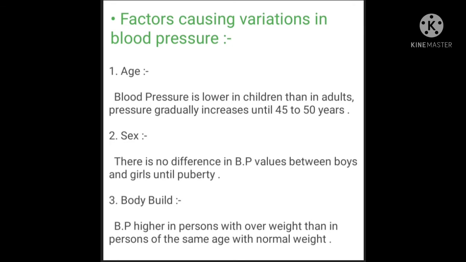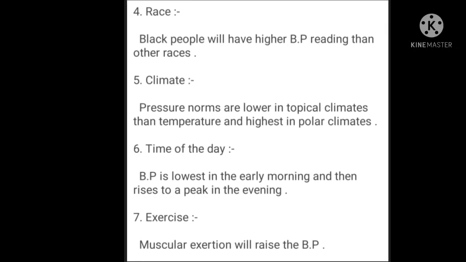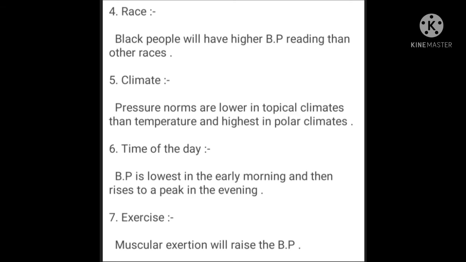Means after puberty, females usually have a lower blood pressure than the males. Third one, body build. Blood pressure is higher in persons with overweight than in persons of the same age with normal weight. Fourth one, race. Black people will have higher blood pressure readings than other races.